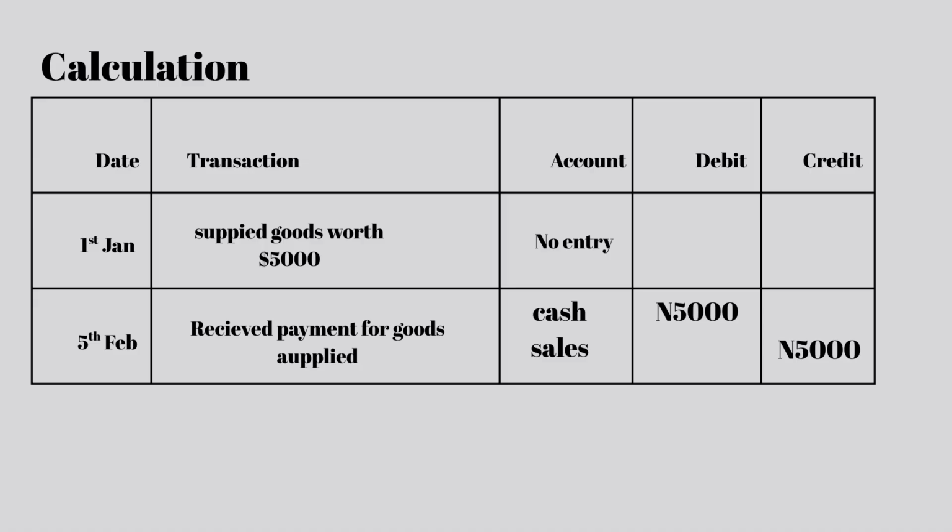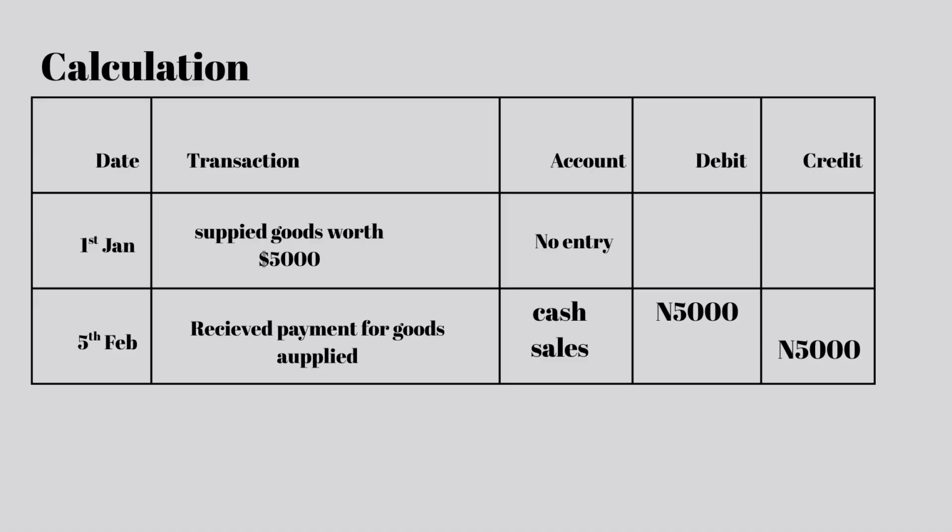So now since money has been received, we are going to debit the cash account and we'll credit the sales account. So now we are recognizing this transaction. Why? Because it now has a financial impact on us. We can see the cash flow. So that is why. So that transaction is going to be recorded on the 5th of January.